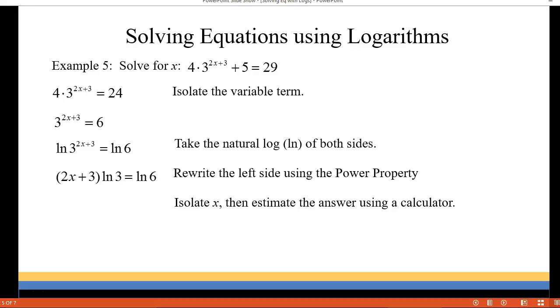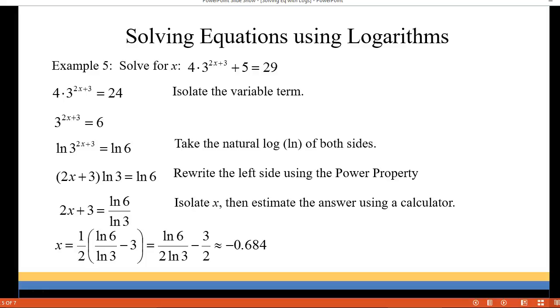Now we're going to isolate the x term and then use the calculator to get the answer. So I divided by log 3, and I'm going to subtract 3 and divide by 2, or multiply by a half. Then I simplified it a little bit by distributing the half. And put that in my calculator, I got negative 0.684.